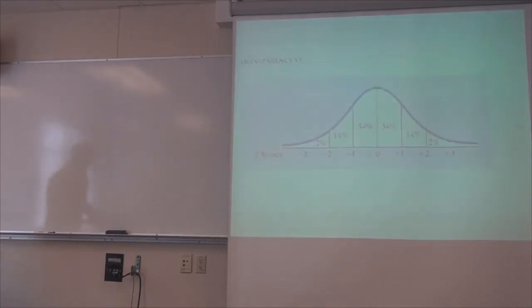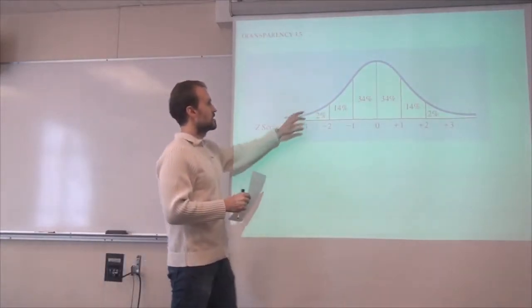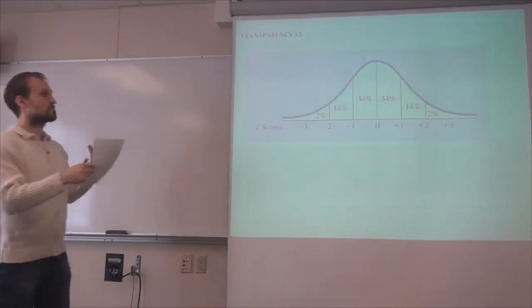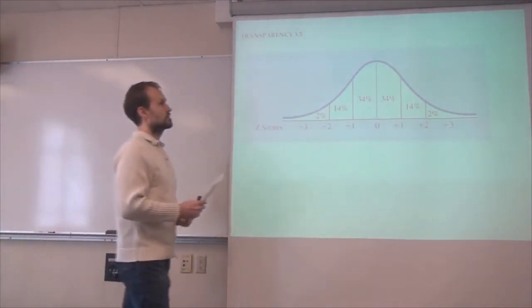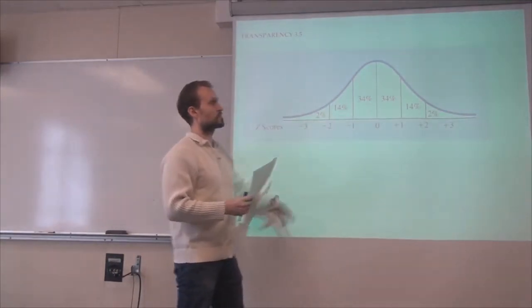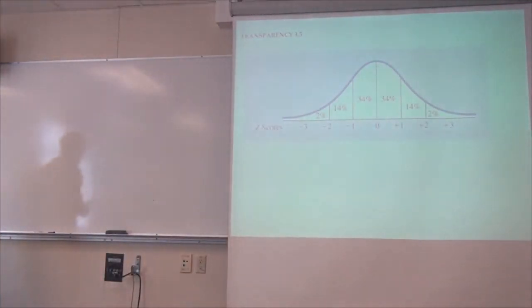So what I want to remember is these little sections, and adding them together would give me rough ideas of the proportions between the scores.